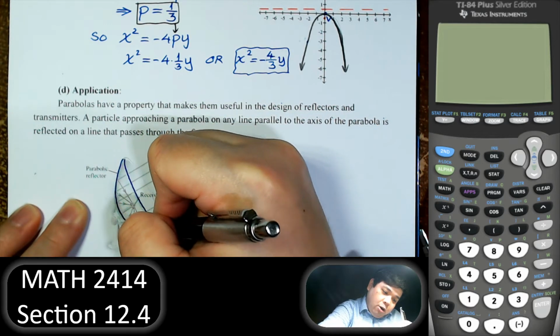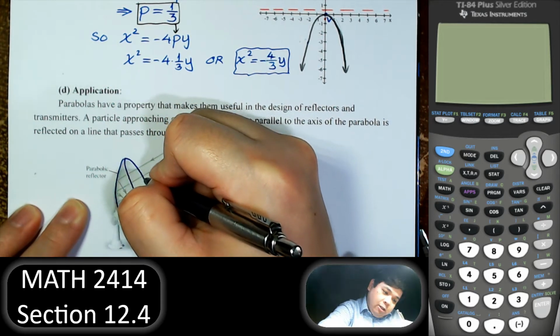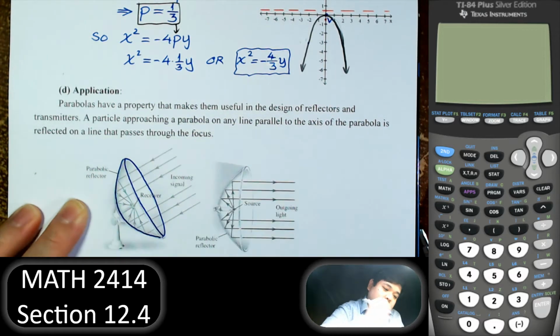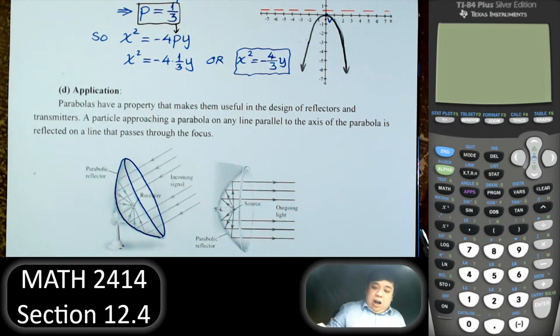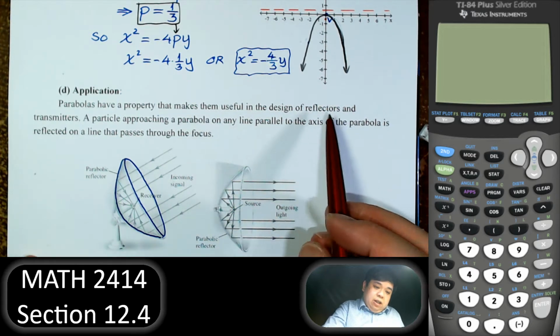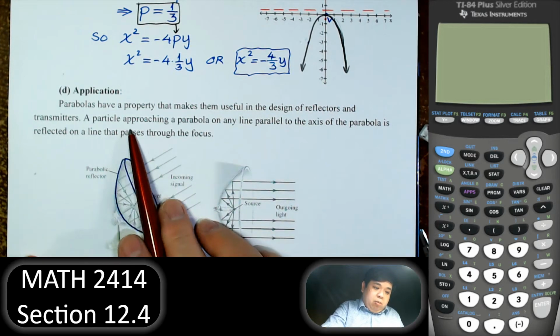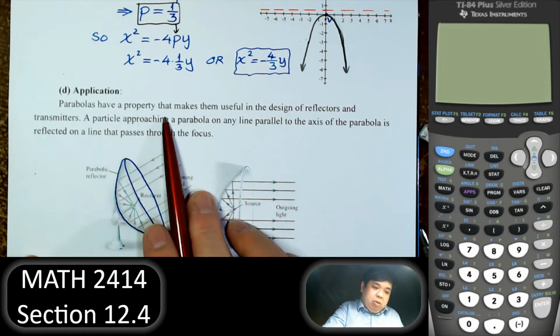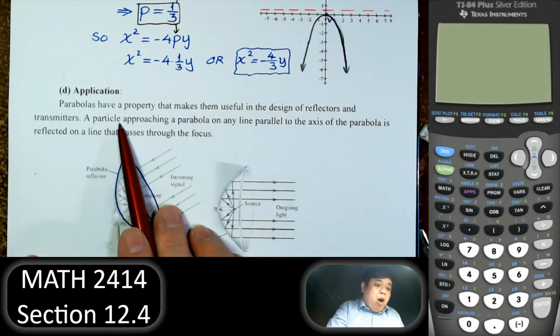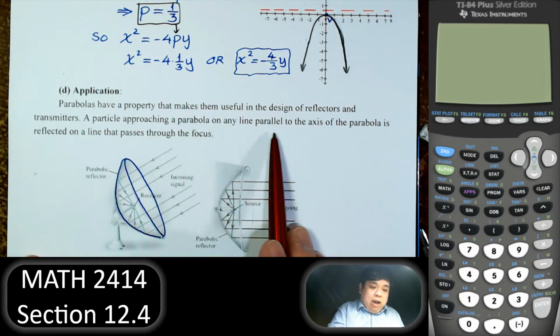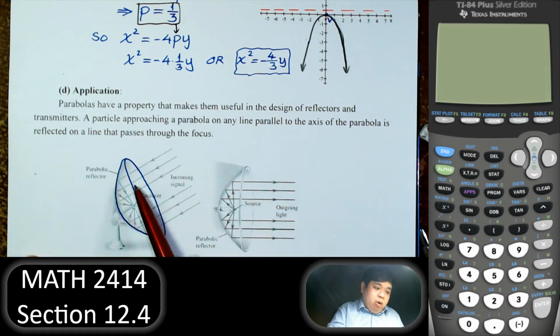so this is the parabolic surface. It says that, I mean, the parabola has a property that makes it useful. So, a particle approaching a parabola on any line parallel to the axis of the parabola.